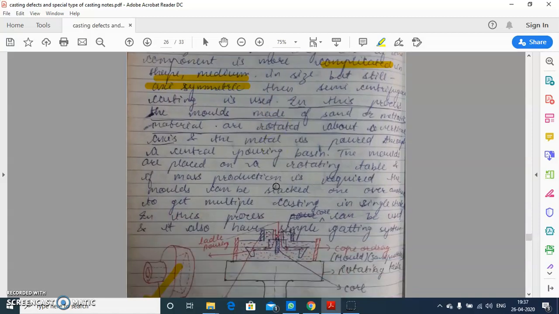This process is very expensive, but if we have to do mass production, then this process is required for making the product. In this process, the mold made of sand and metallic material is rotated about the vertical axis.